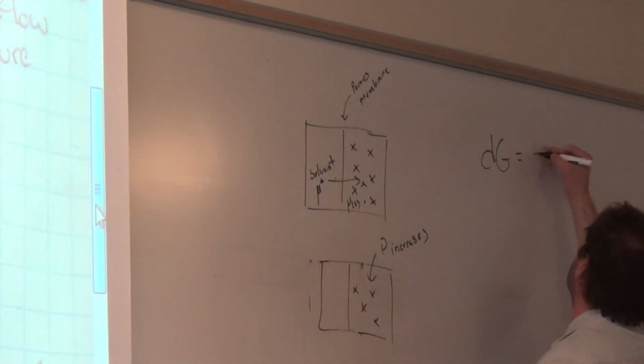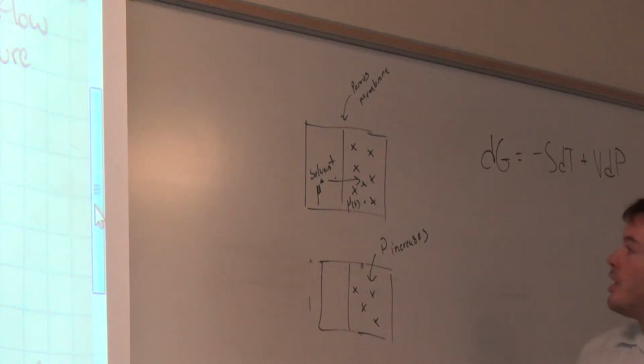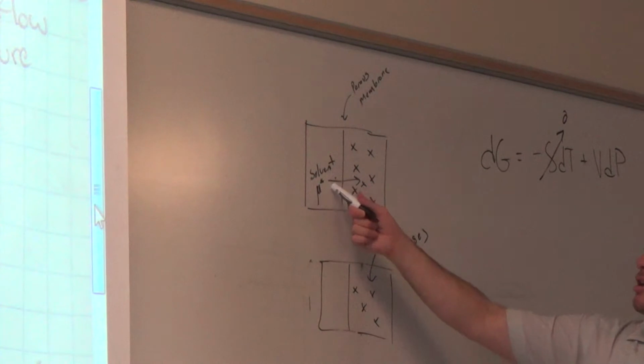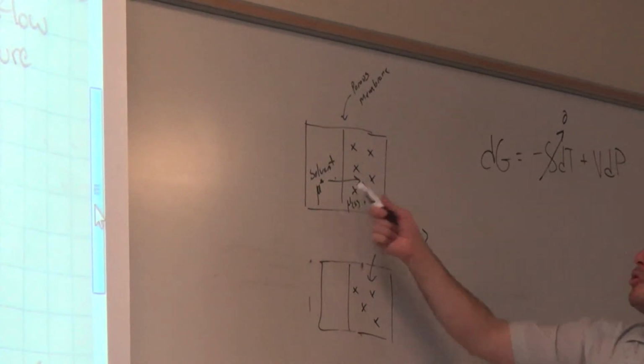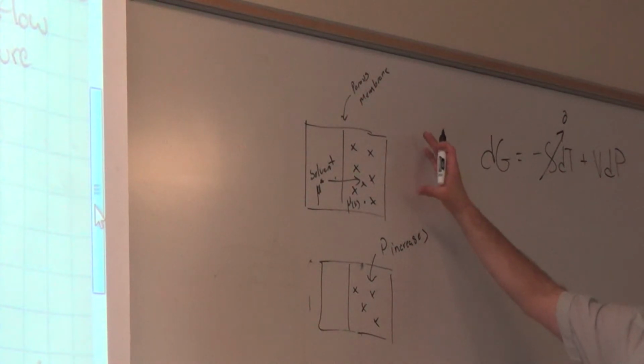dG is equal to negative S dT plus V dP. At constant temperature, we don't have to worry about this. But this equation tells us that the chemical potential of a species increases with an increased pressure. What happens in osmosis is that the solvent will move over into this other compartment, increasing the pressure in that compartment.